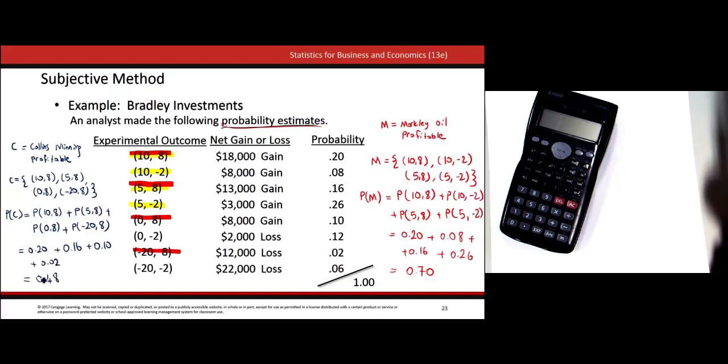This is 0.48. That is the probability of C.